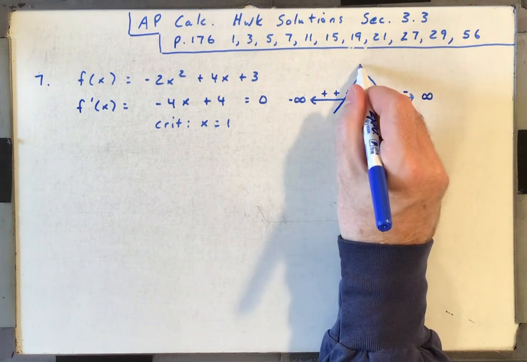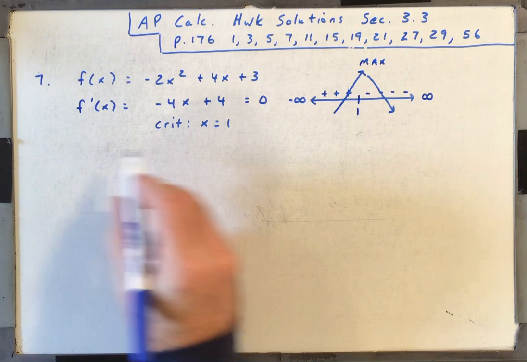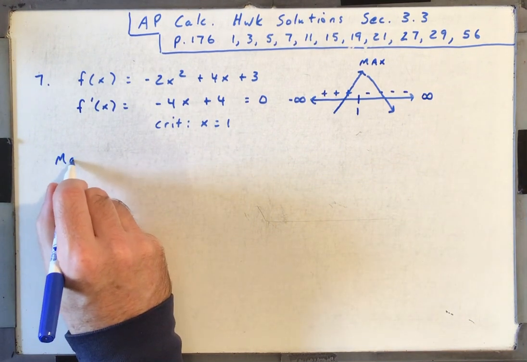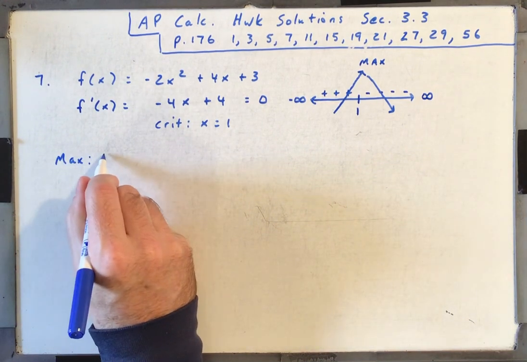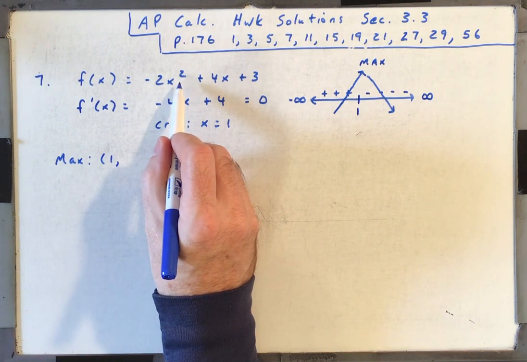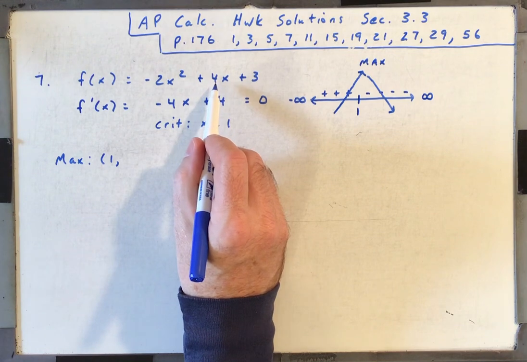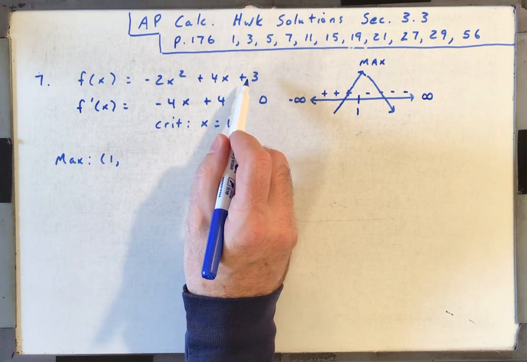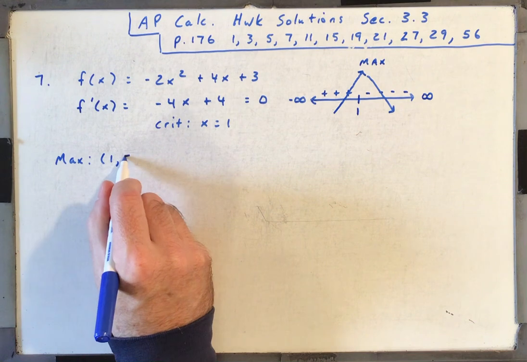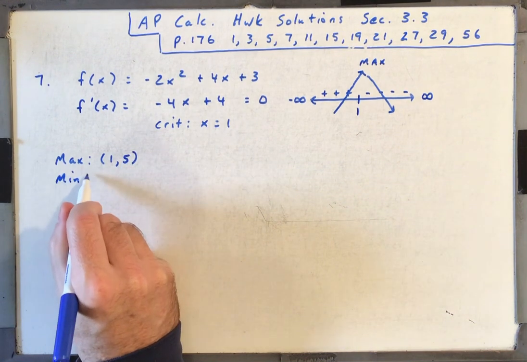So we have a max right here. We have a max at the point 1, and we plug 1 back into the original equation. That'd be negative 2 plus 4, that's 2, plus 3 is 5. For a minimum, we have none.